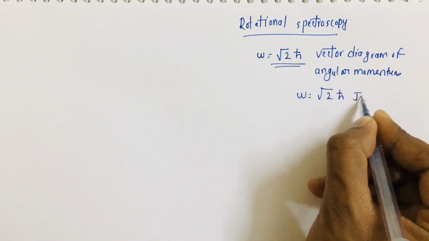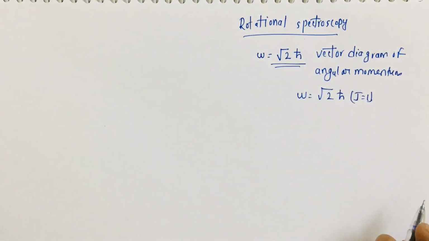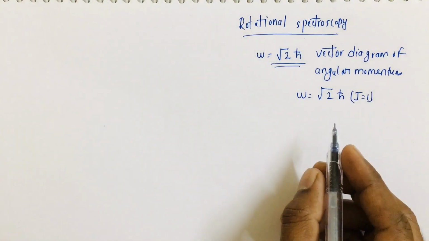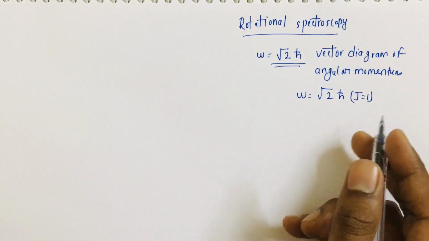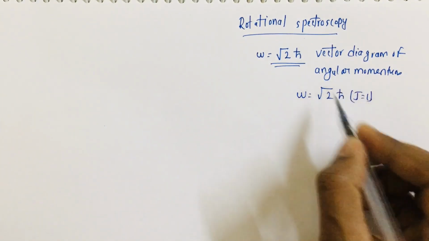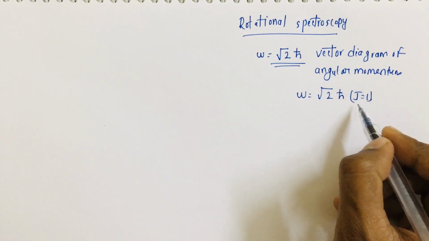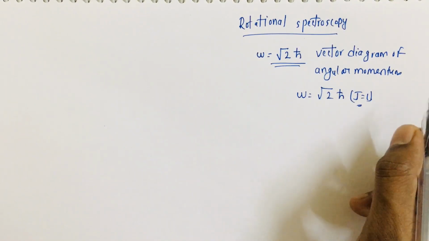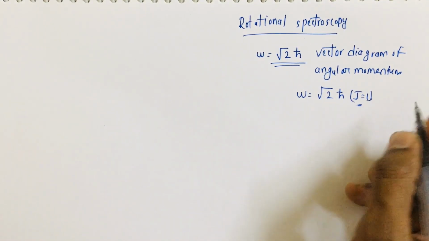In this case, j equals 1. In order to find the vector diagram, first we need to find out the degeneracy of this system, whether it is two-fold, three-fold, like that.